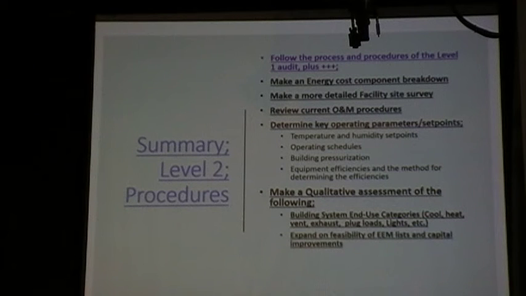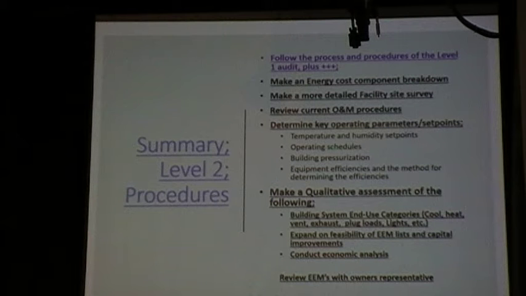You're going to make a qualitative analysis of how their cooling is being used. How's their heating being used? How do they pressurize the building? What about their lighting system? Do they work? Are they new? Are they old? Do they need to be replaced? Etc., etc. You're going to have to go through there and critique that as a level 2.